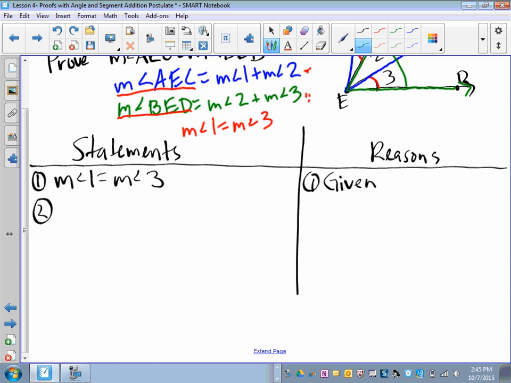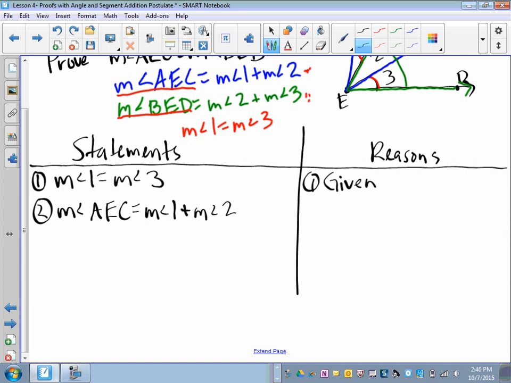And I'm going to need both pieces, so I'm going to go ahead and state both pieces. And again, depending on your diagram, maybe you wanted to say instead, measure of angle AEC minus the measure of angle 2 equals measure of angle 1. You could do that, and you could substitute that into the other one, and then you'd find that they simplify down. Again, there are different ways of going about it. So measure of angle AEC is equal to the measure of angle 1 plus the measure of angle 2.